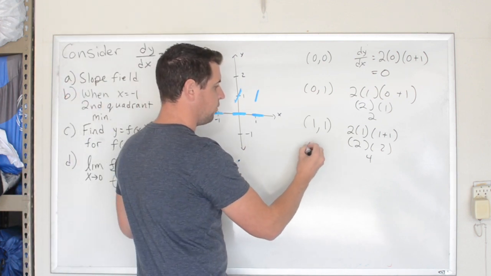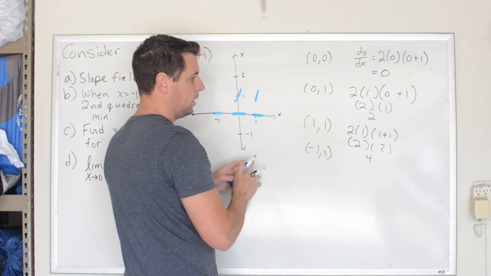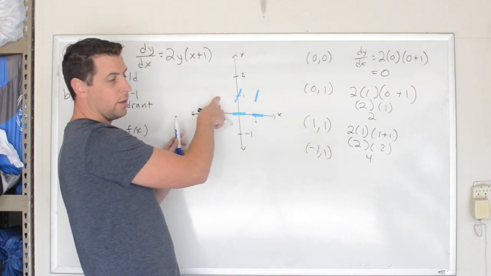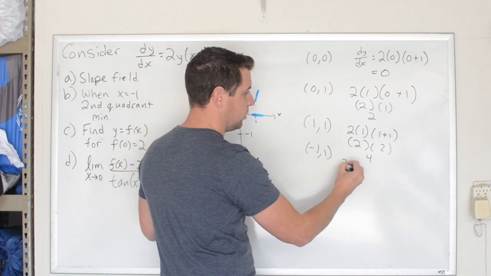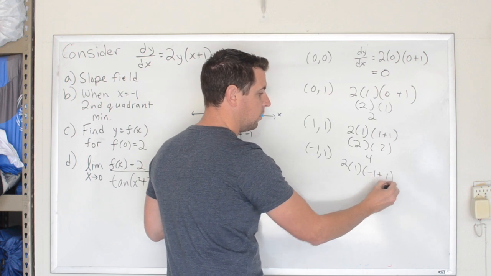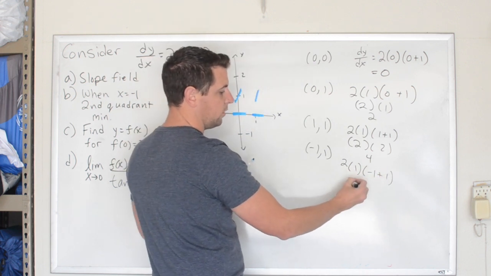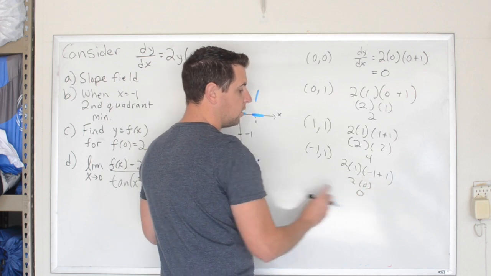If I try another point, let's say like (-1, 1). That would be this point here I'm trying to find the slope for. That would be 2 times my y value, 1, and then (-1 plus 1). When I do that, 2 times 1 is 2. -1 plus 1 is 0. That's going to be 0.